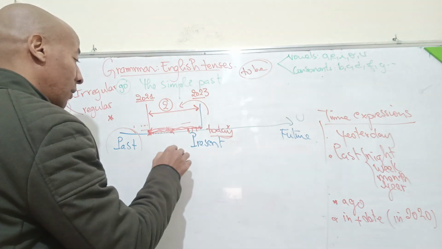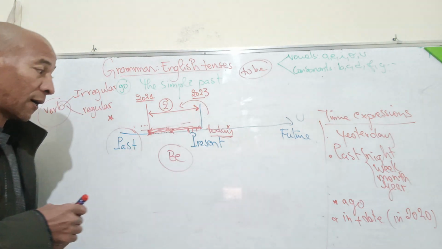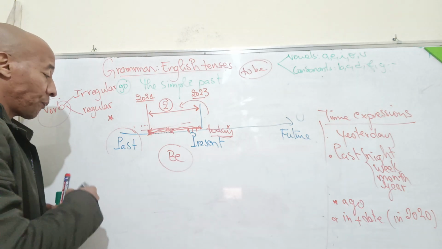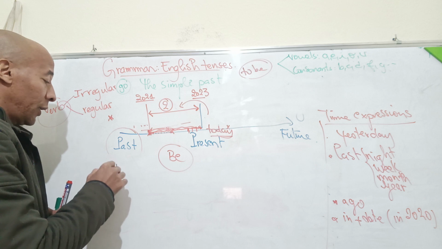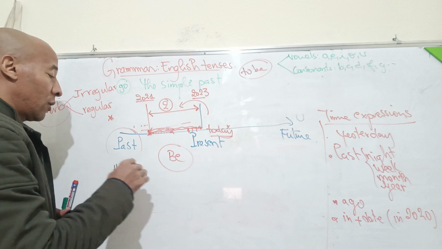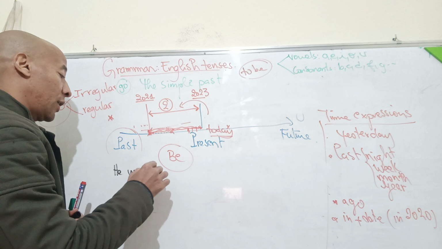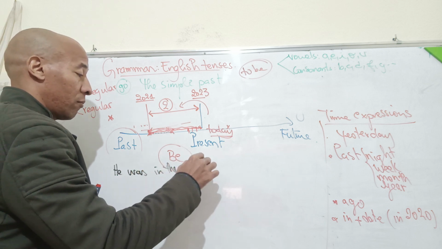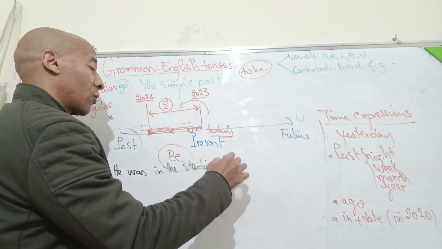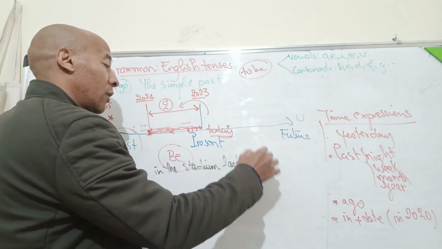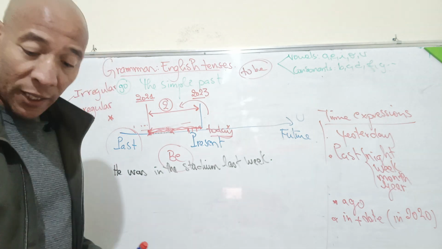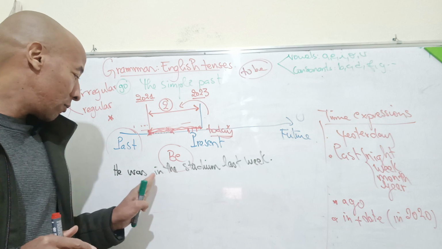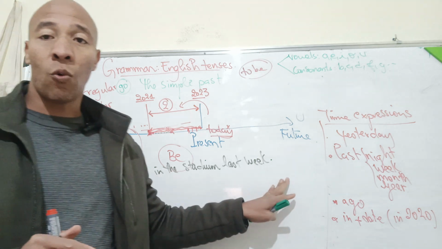So with the verb be, we can say, for example, he was in the stadium last week. Now, we would like to turn this sentence into a question.